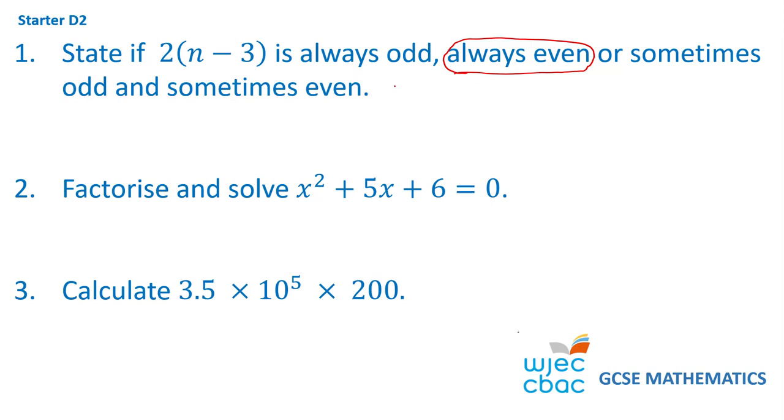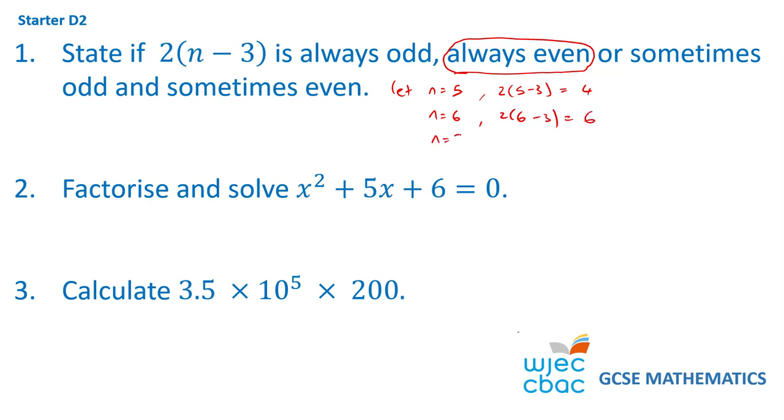Okay, so if we say here, let n equal 3. I tell you what, let's add n equal 5, because 3 is not going to help us there. So that's going to mean we've got 2 times 5 minus 3, or 2 times 2, which is 4. Then we try n equals 6. That gives us 2 times 6 minus 3, which is 6.